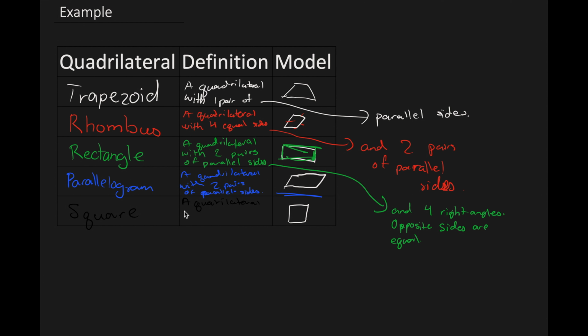So a quadrilateral is, not is. Already I made a mistake. There you go. Nope. There. Okay.